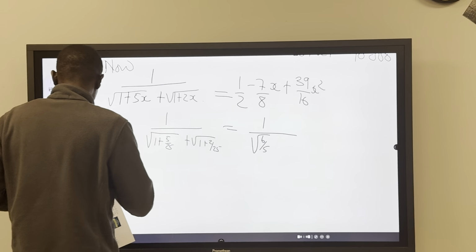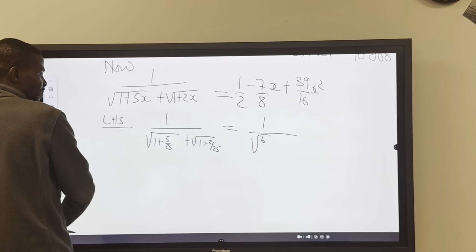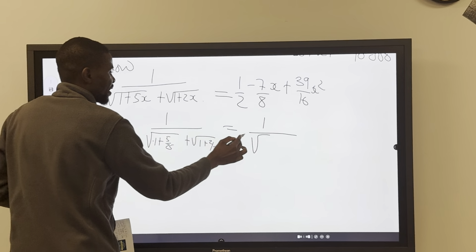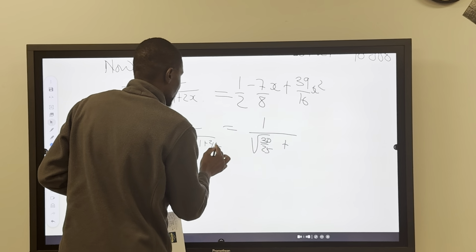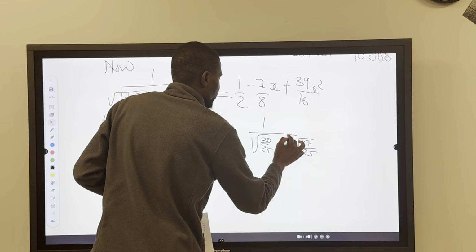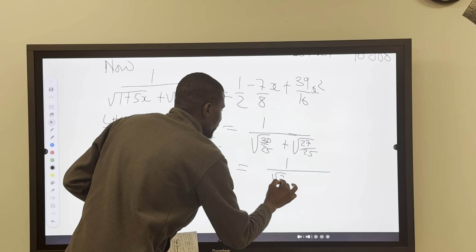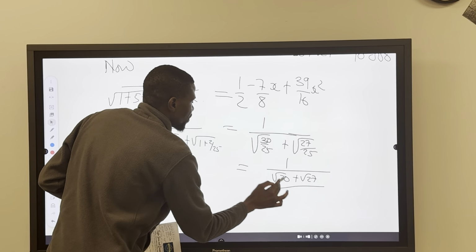Okay, let's not simplify it because we'll always come back here. All right, so 25 plus 5, that's 30. So we have got 30 over 25 plus square root of 27 over 25. And this one here is 1 over root of 30 plus root of 27 all over root of 25, it's 5.